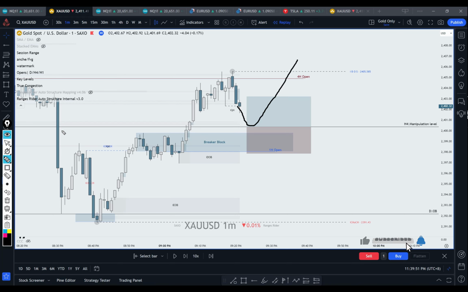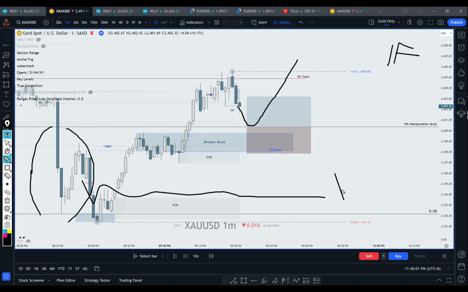Like I said, if the market wants to go up, it is not going to give these guys the opportunity to come in at break even. So if the market doesn't come down, then maybe it will reverse from here, and if it wants to come down, then maximum I want to see until here and not into this zone.